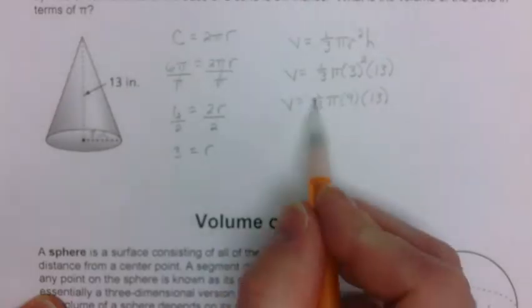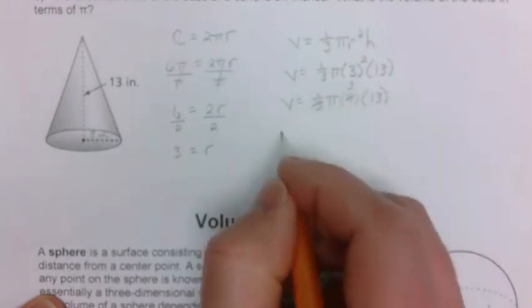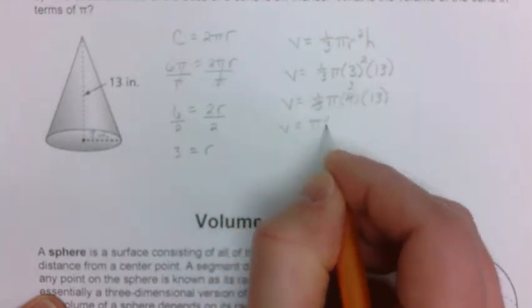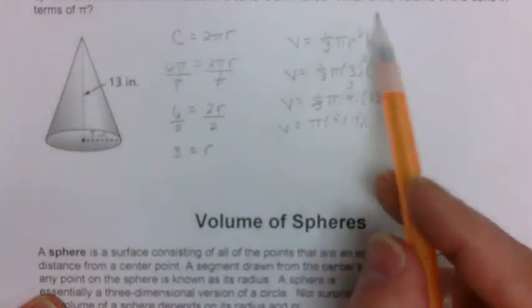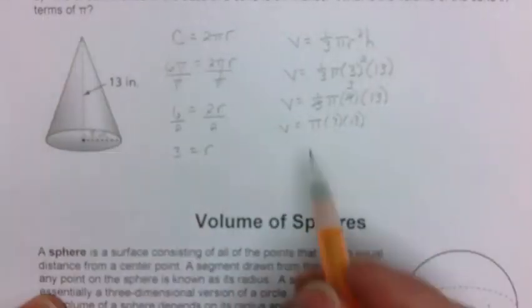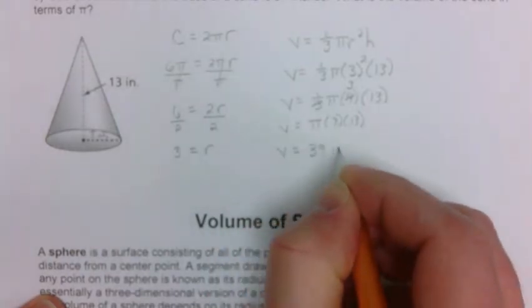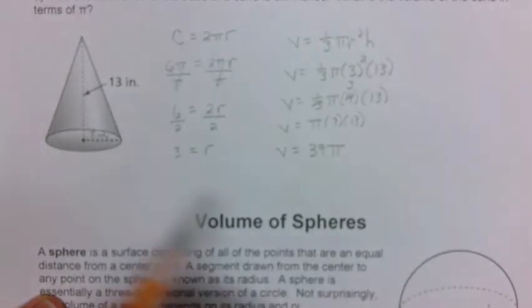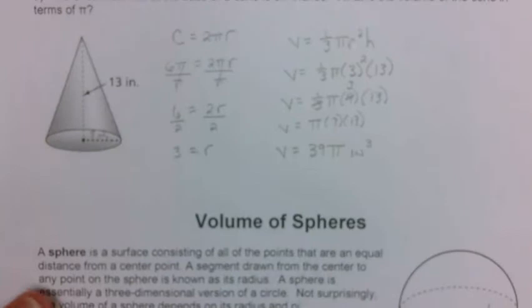And now I'm going to do 1/3 of 9. 3 goes into 9 3 times. So V equals pi times 3 times 13. And now they asked me for the volume of the cone in terms of pi, so I'm just going to do 3 times 13, which equals 39. So the volume of this cone is going to be 39 pi, and the units are cubic inches.